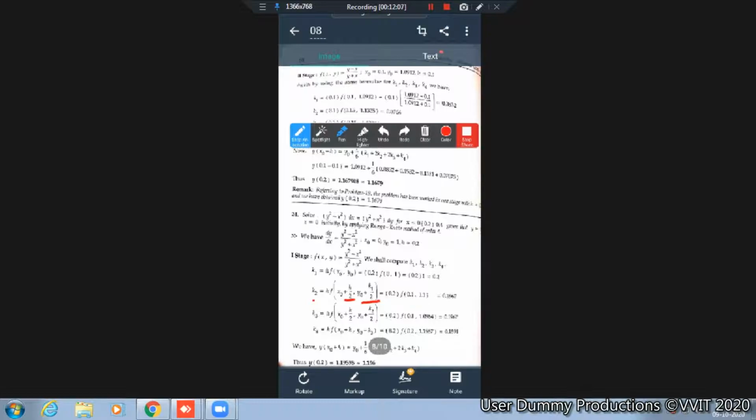So when you use that, what happens here? See, look at this. x naught plus h by 2 is 0.3, and y naught plus k1 by 2 will be, y naught is 1.196 plus k1, that is 0.1891 divided by 2. If you simplify, you are going to get this value. Understood? Plug in these two values in this function, you are going to get 0.1795. That's what it is. Is it clear, guys?